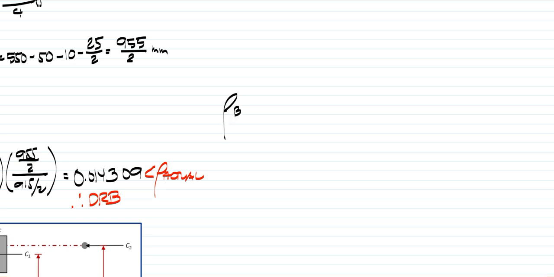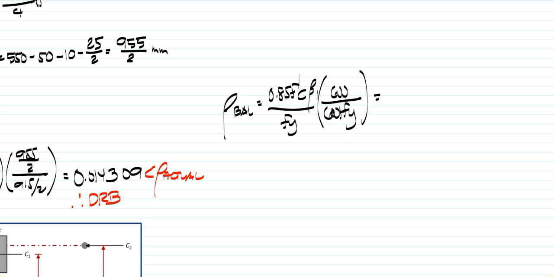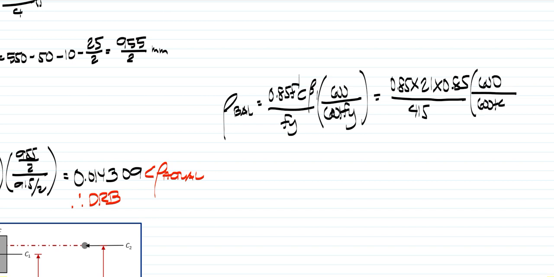So, for our rho balance, that is equivalent to 0.85 f'c beta 1 over fy times 600 over 600 plus fy. So, that will be equivalent to 0.85 times 21 times beta 1, which is 0.85, divided by 415 times 600 over 600 plus 415.